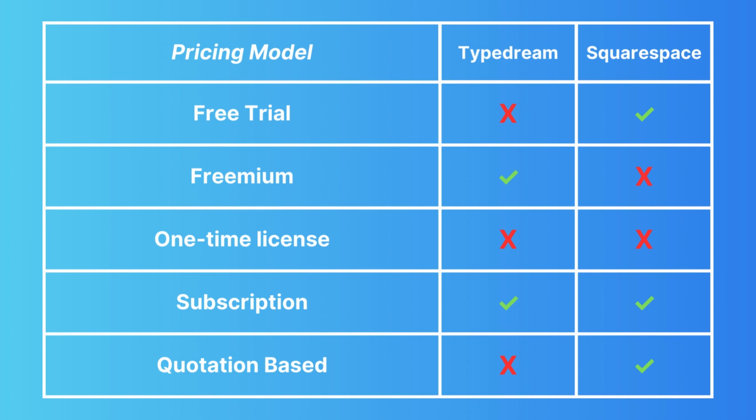Squarespace does not offer that. You get a free trial, so you can get access to all of the features that Squarespace offers, but you will pay after your free trial ends. Both Typedream and Squarespace do not offer a one-time license. They both offer a subscription pricing model, and Typedream is not quotation based, but Squarespace is.